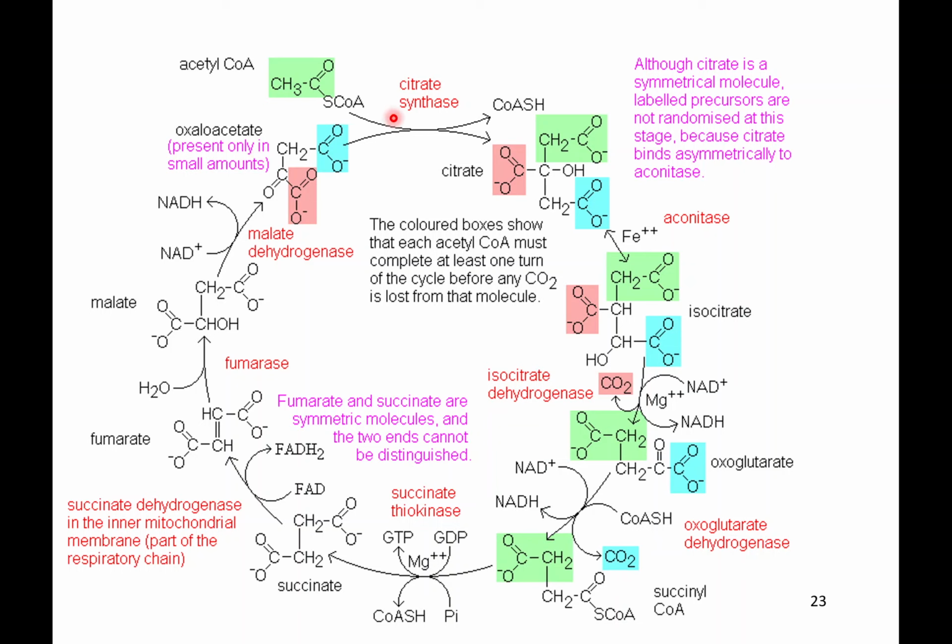It's going to combine with acetyl-CoA to form citrate. The two carboxylic acid groups on oxaloacetate are what are going to be lost as CO2 in the next cycle. And the carbons from acetyl-CoA are not lost.